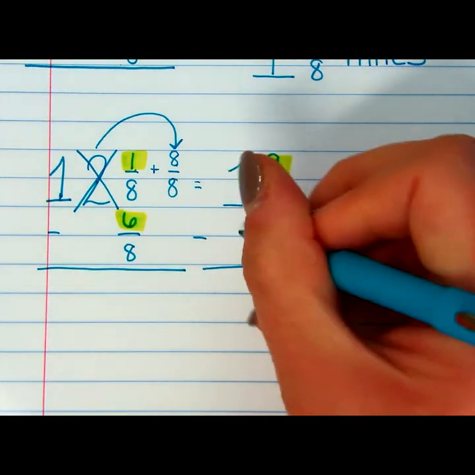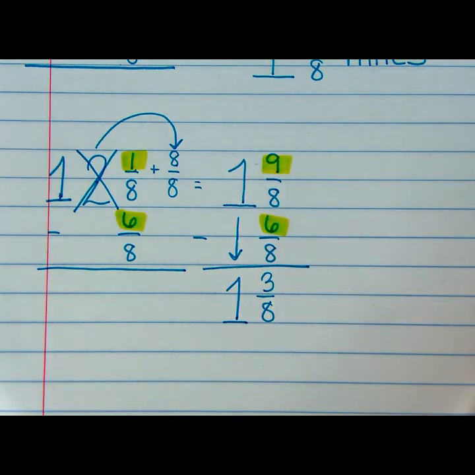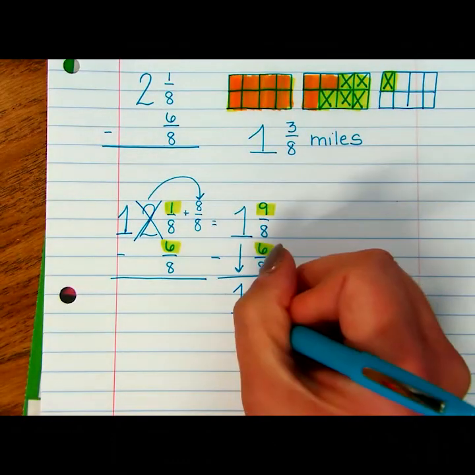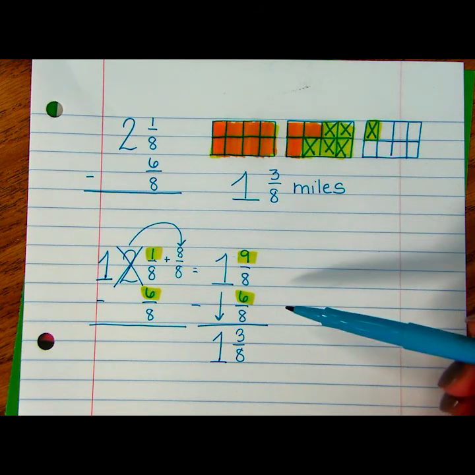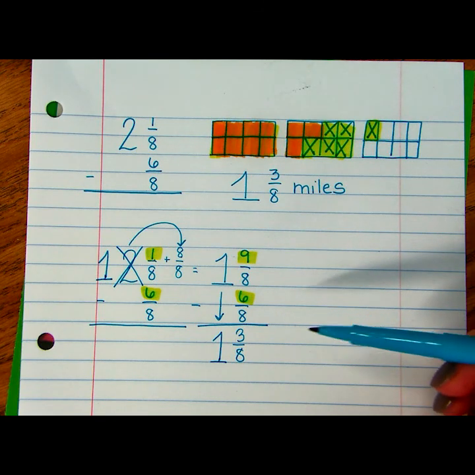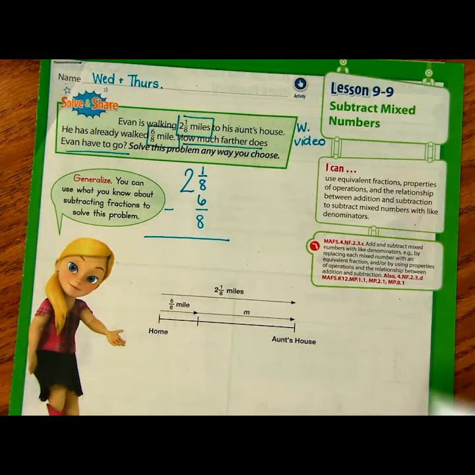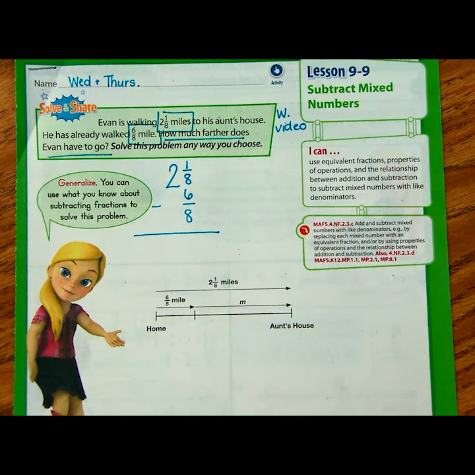And then 1, you're not taking anything away, will stay 1 3/8. So again, just keeping in mind that you will arrive at the same answer, drawing a picture or regrouping and subtracting. So that was question number 1 right here on page 365. Let's turn the page.